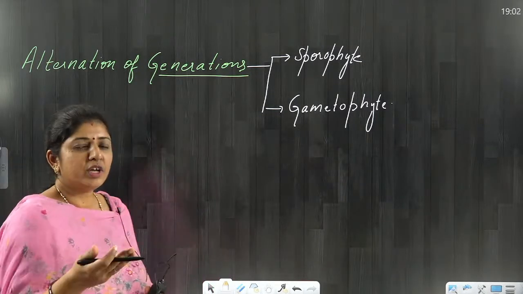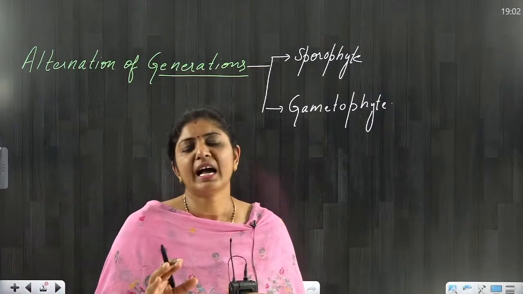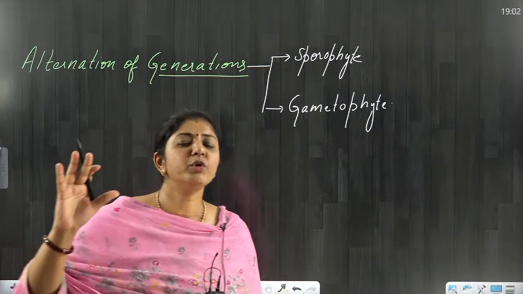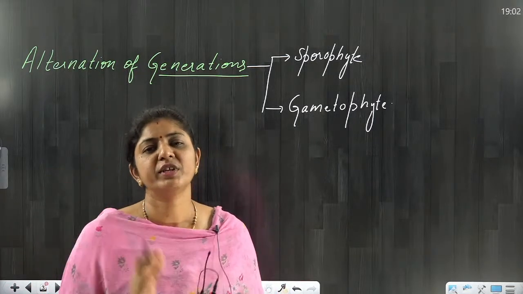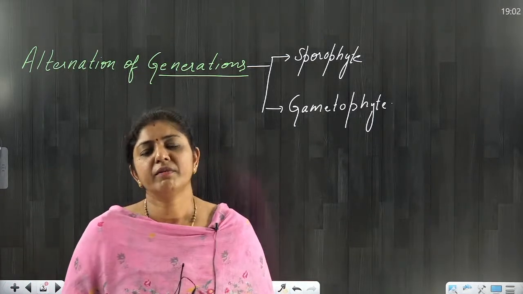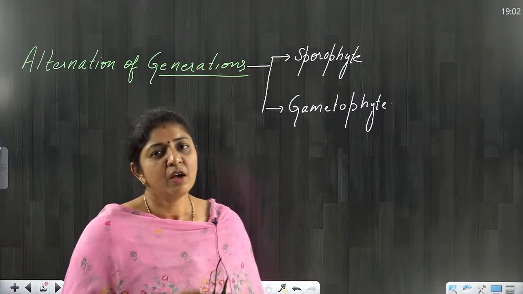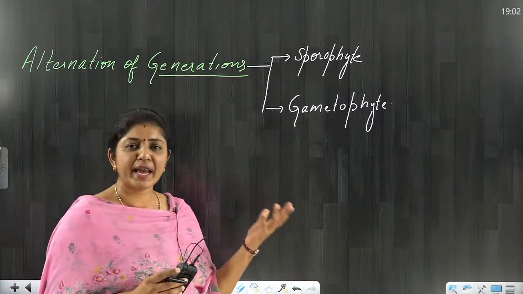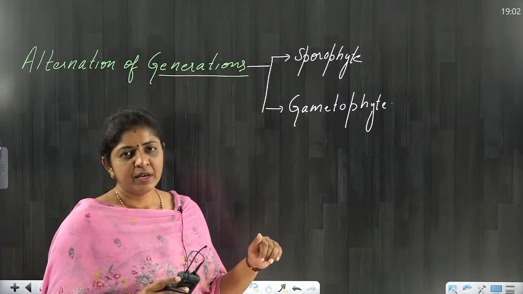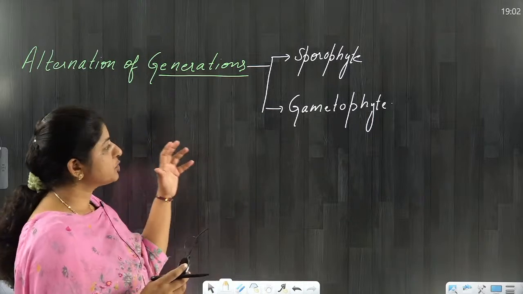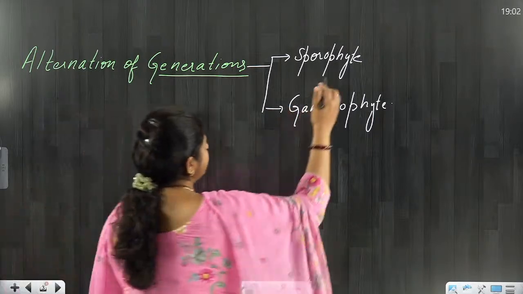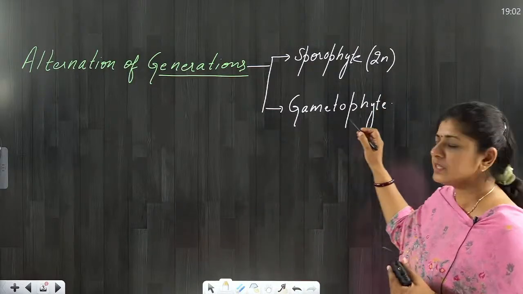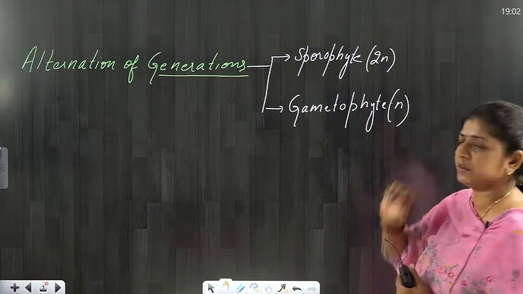Now what are the more terms? Let me make you clear, I am taking up the important points first of all, which will help you to understand the life cycles which are related to the topics given under the chapter plant kingdom. We have these two basic terms, one is a sporophyte, next is a gametophyte. Keep in your mind, wherever the term sporophyte is coming, that means it is diploid, and where the term gametophyte is coming, that means haploid.